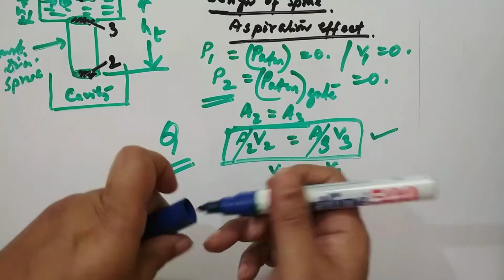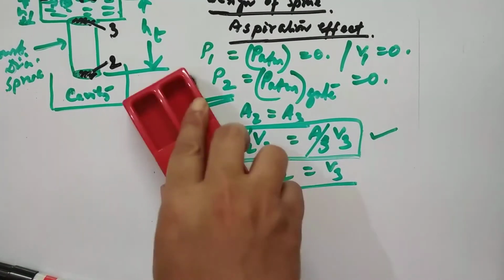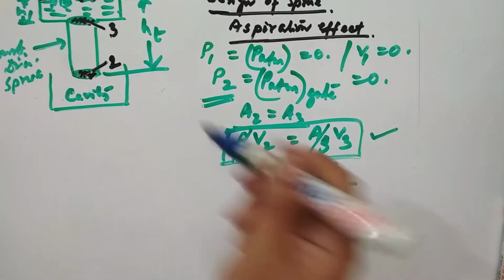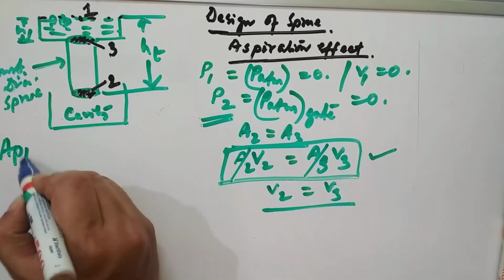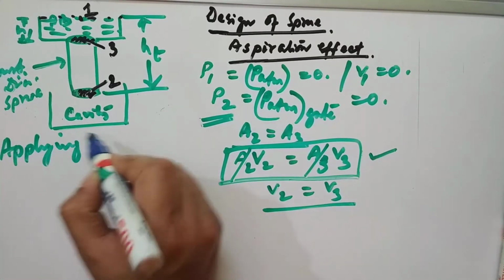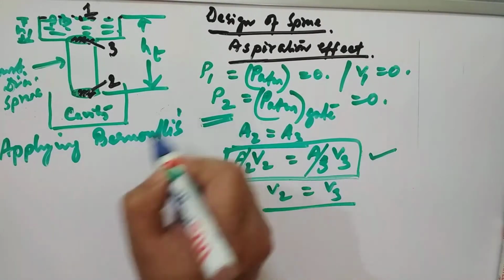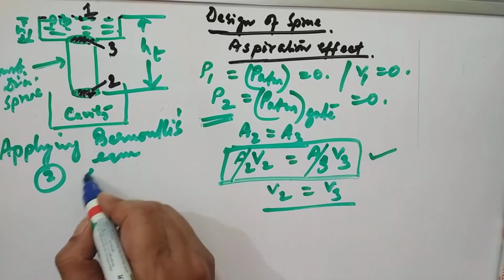Now if you consider points 2 and 3 and apply Bernoulli's equation, so let us write: applying Bernoulli equation at 2 and 3.